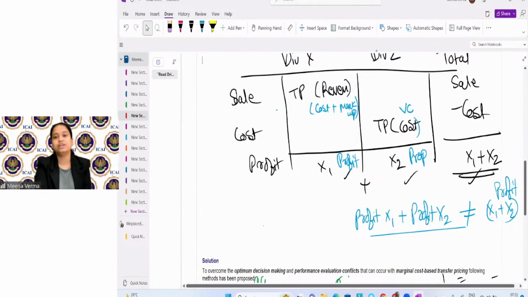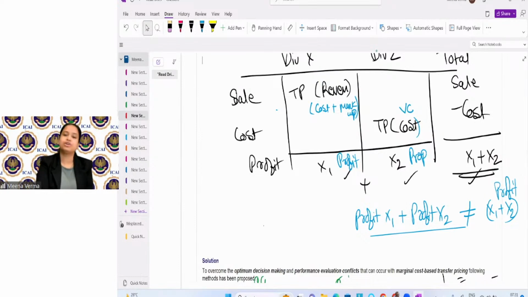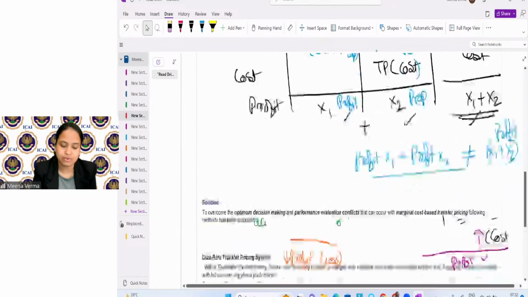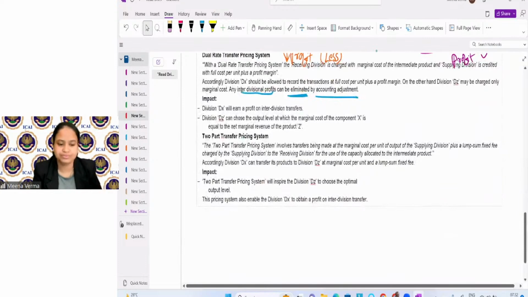It is not actually increasing the overall profitability of the company. We are just trying to show high profitability to make the manager happy, but actually they are not earning more profit, right? So at the end, we have to adjust this profitability.